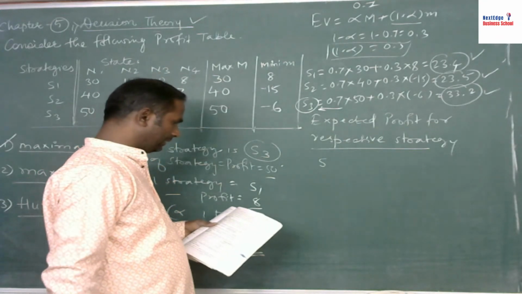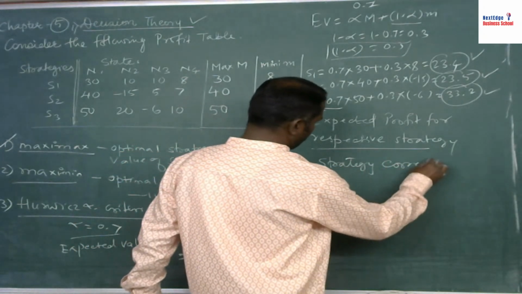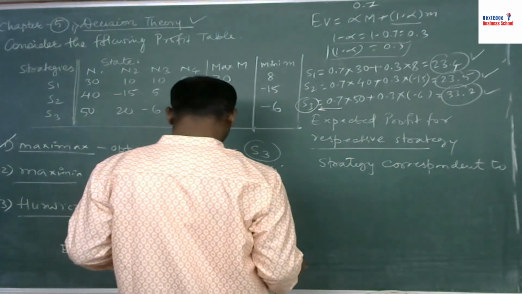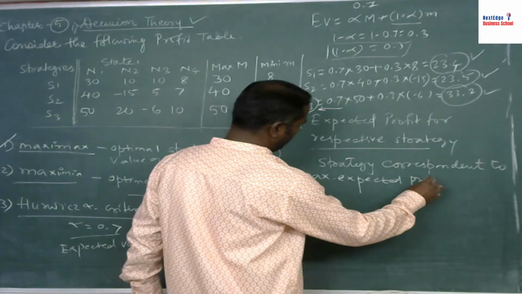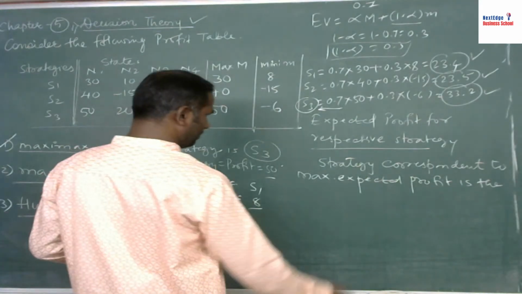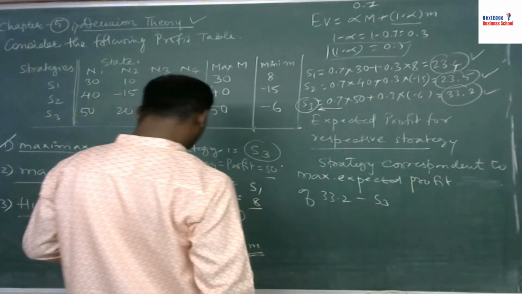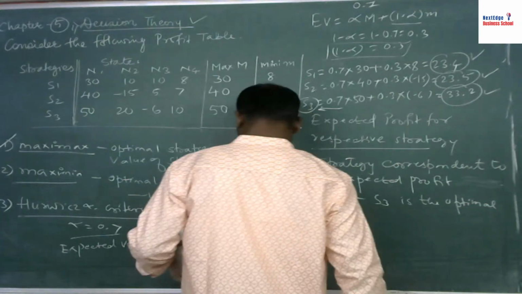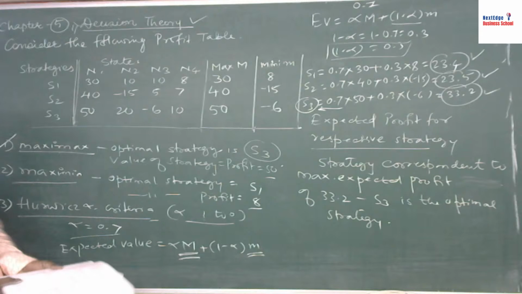So we can write at the end: the strategy corresponding to the maximum expected profit is the optimal strategy. The expected profit is 33.2 and that is S3, which is the optimal strategy. Clear? You have to understand this. I hope everyone has understood up to here.